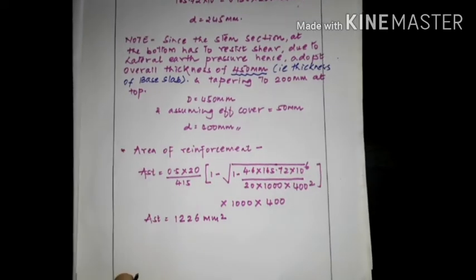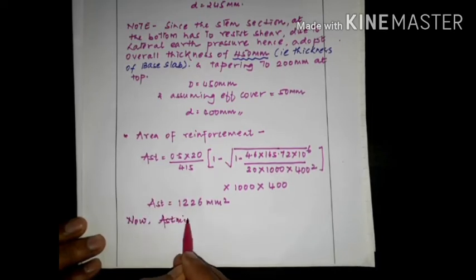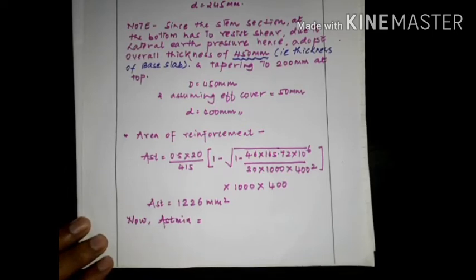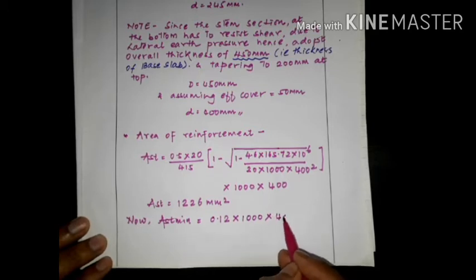Now also we have to check for Ast minimum, the minimum area of reinforcement as per IS 456 2000. The minimum area of reinforcement is 0.12% of bD. So B is 1000 here and D is 450, that is the total depth you have to take, 450 divided by 100.